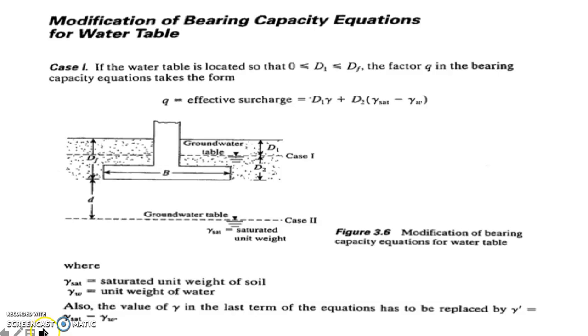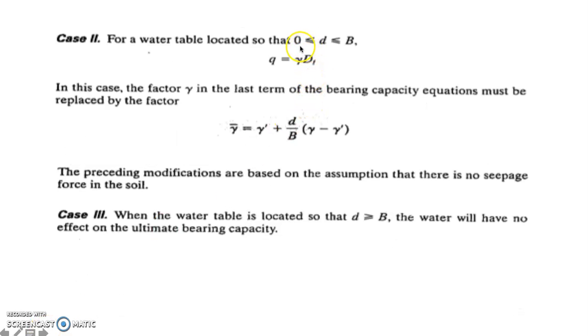If small d is greater than 0 but less than the width of the foundation, B, our q is equal to gamma times Df. In this case, the factor gamma in the last term of the bearing capacity equation must be replaced by the factor given by this equation. The preceding modifications are based on the assumption that there is no seepage force in the soil.